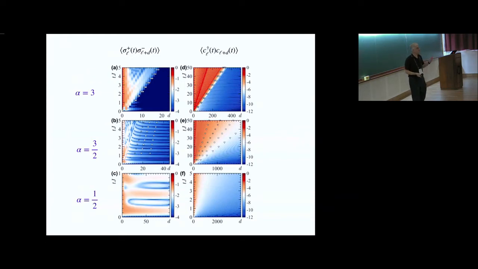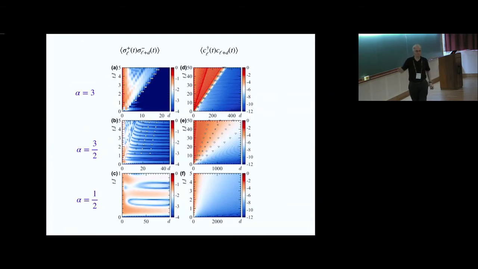Where the difference occurs is outside the light cone. In this region the correlators are very small, but the qualitative behavior of the correlator is different in this long-range case compared to the short-range case. But it's not that important because it's tiny. Okay, so it still looks like a light cone.